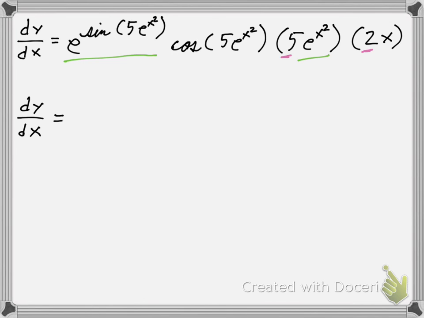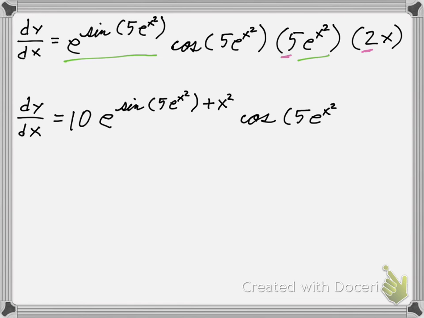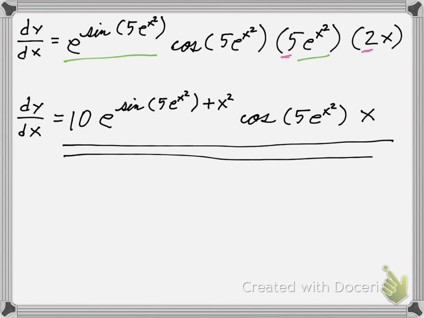So the derivative of y with respect to x becomes 10 e to the power of sine of 5e to the x squared plus x squared times cosine of 5e to the x squared times x. And that is the derivative of y.